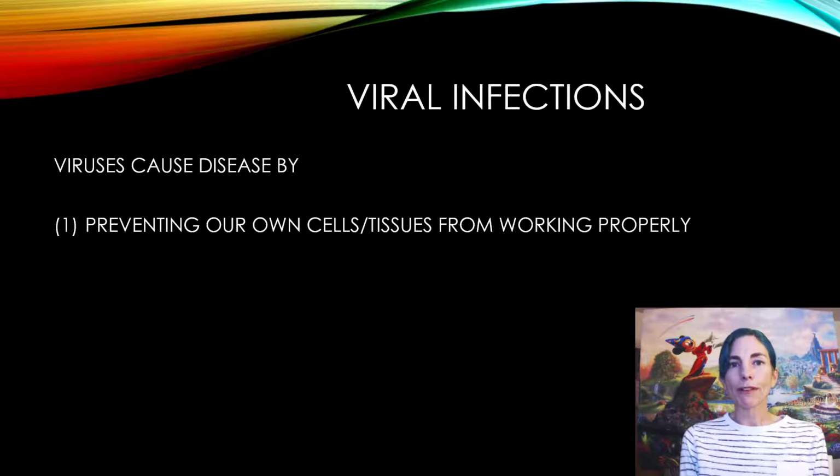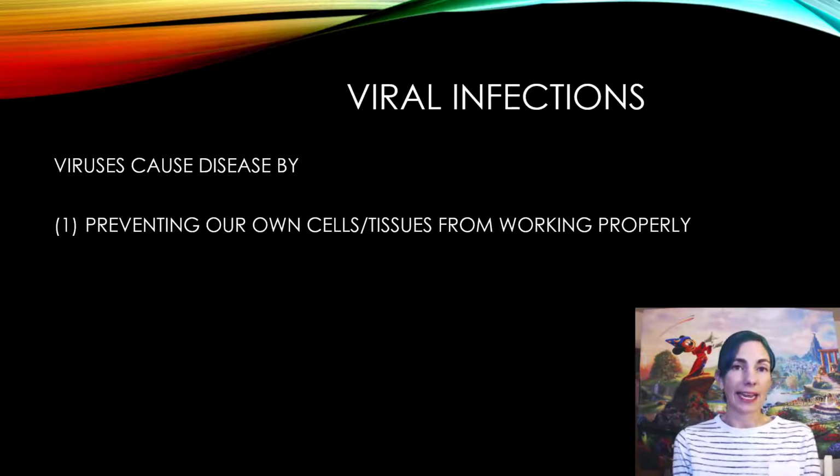So an example of this would be HIV and AIDS. HIV is a virus that infects our helper T cells. As you are going to learn in immunology, helper T cells are critical for our immune response. Because our helper T cells are infected by HIV, those helper T cells no longer work for us, and therefore you lose your entire immune response because the helper T cells are no longer doing their job; they're working for the virus instead.